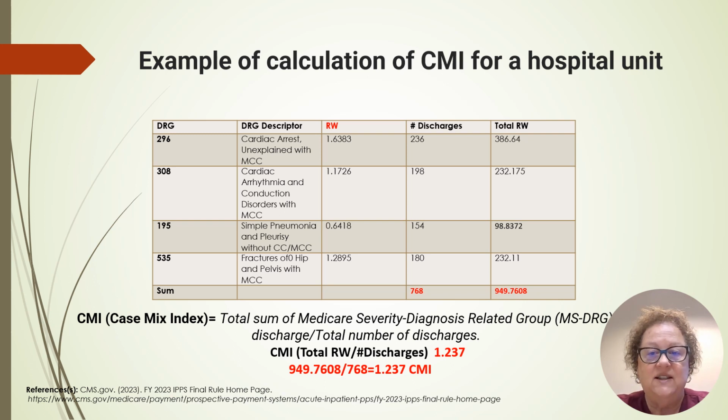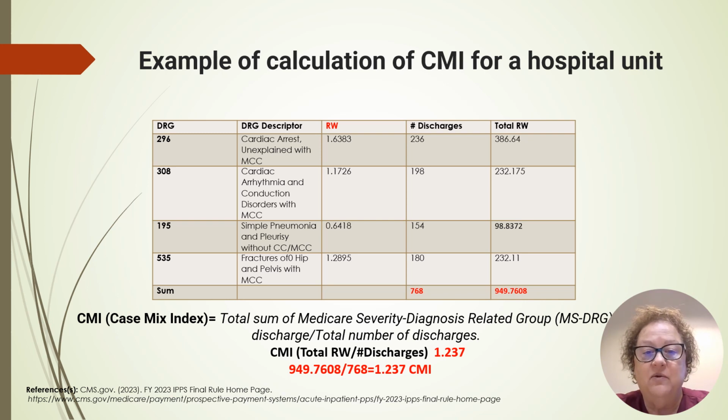So this is just an example. I always do better when I see something that's written out that really tells me what we're looking at. So for instance, a DRG, which is a group of patients with cardiac arrest, unexplained, with an MCC, a major complicating or comorbid condition. That DRG has a relative weight assignment of 1.6383 with 236 discharges.